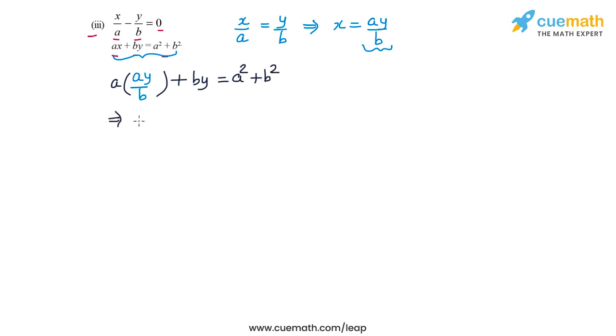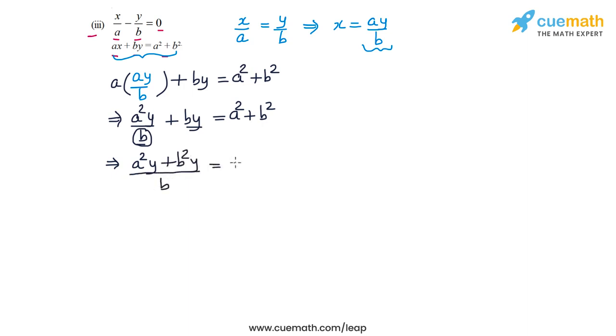So let's see what we get. We get a square y by b plus by equal to a square plus b square. Now let's take the LCM. We have this b here and we have by here, so let's combine the terms on the LHS. We will get a square y plus b square y by b is equal to a square plus b square.